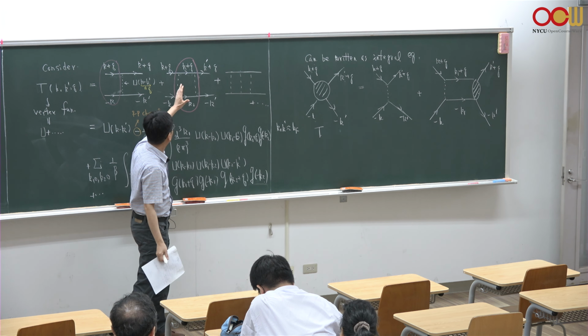One is the single dashed line, which is precisely this one, and the remaining part is a ladder diagram with how many ladders? Well, infinity minus 1. Infinity is infinity minus 1 plus 1. But infinity minus 1 is still infinity.